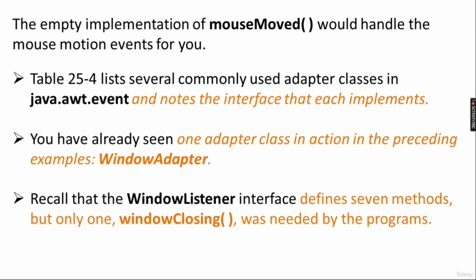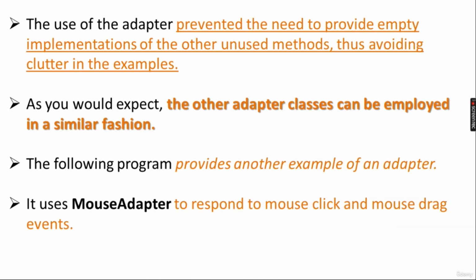But since we are extending the adapter class WindowAdapter, only one method, windowClosing, is what we will be implementing. Okay, that is required. The use of the adapter prevented the need to provide empty implementations of the other unused methods, thus avoiding clutter in the examples. So as simple as that.